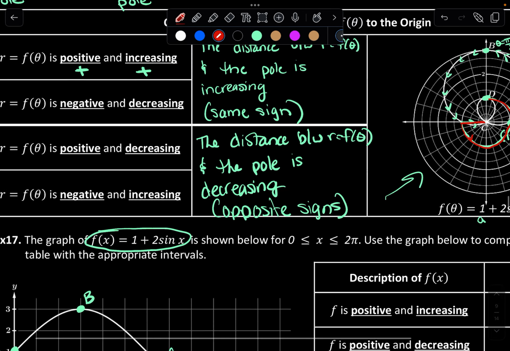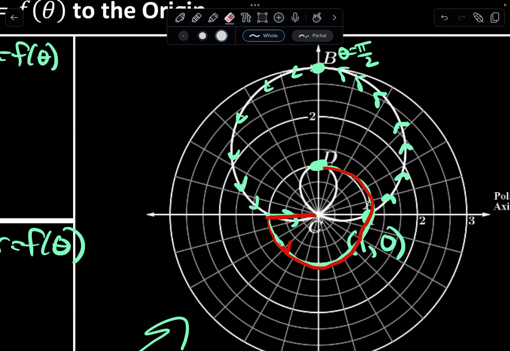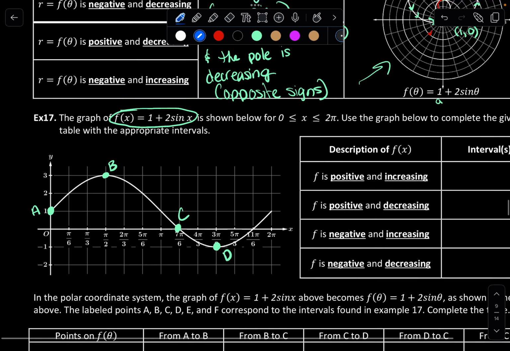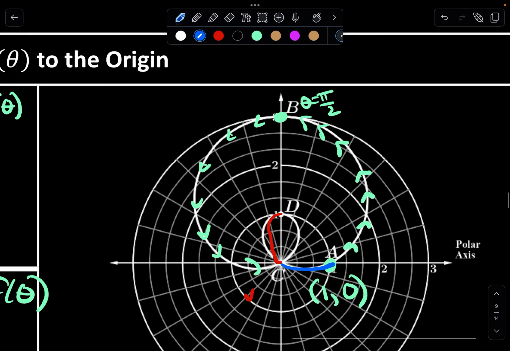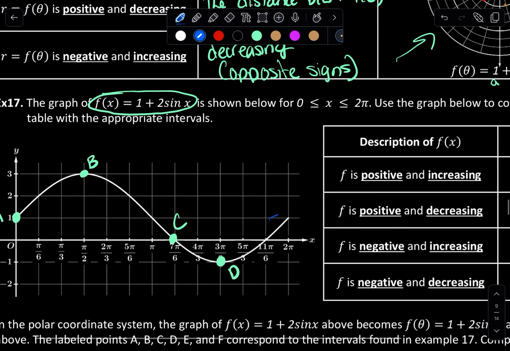And then as we come around through here, we pass through D, and then we pass the pole again, and then we end up back at A, where we started. So that little section after we pass the pole, if you notice in our curve, is this section here. It's just above the x-axis, or 0.